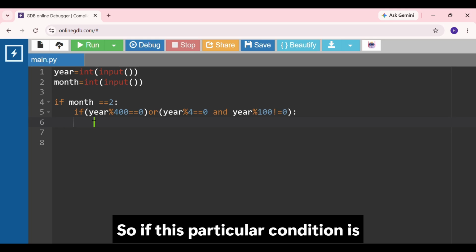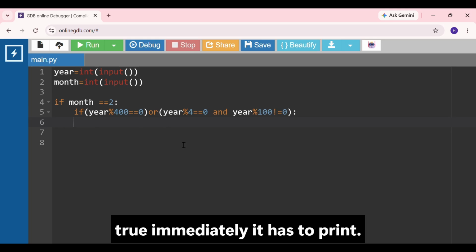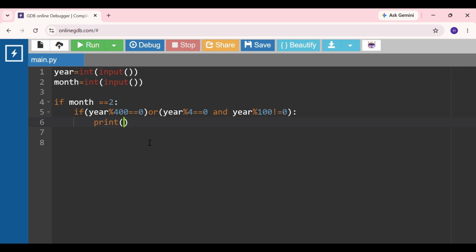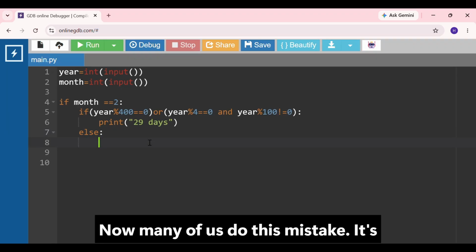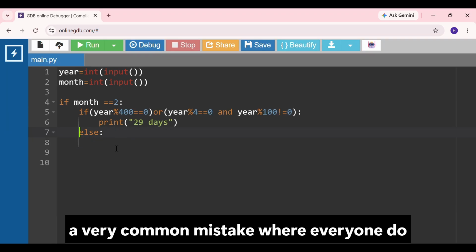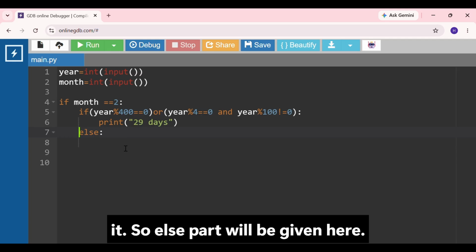So if this particular condition is true, immediately it has to print 29 days. Okay, else. Now, many of us make this mistake. It's a very common mistake where everyone does it. So the else part will be given here.